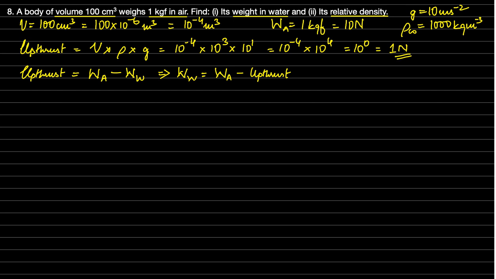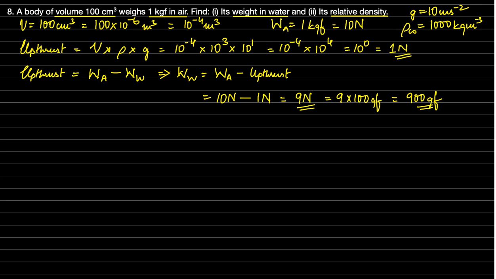For us, weight in air is 10 newtons minus upthrust is 1 newton. So we get this as 9 newtons. So 9 newtons will be the weight in water. Now since the textbook answer is given in gram force, when we convert newton to gram force, we multiply by 100. So 9 into 100 gram force would give us 900 gram force.